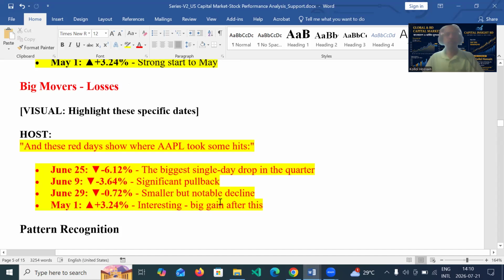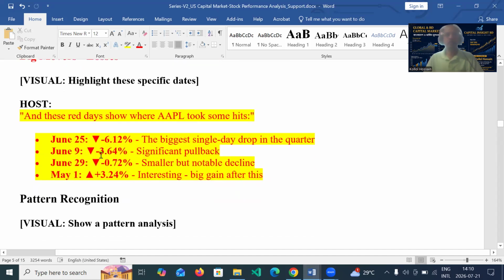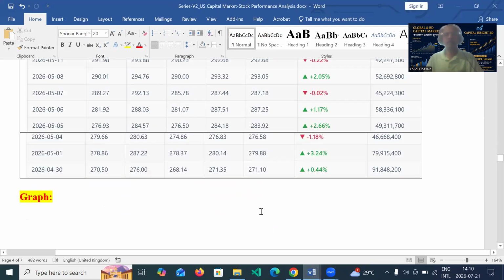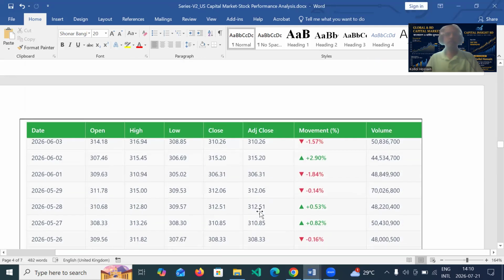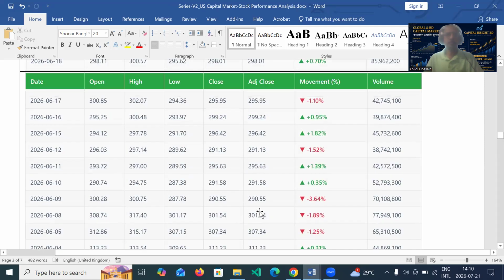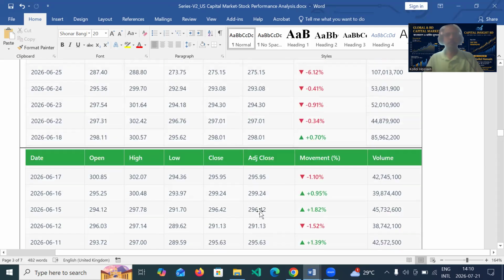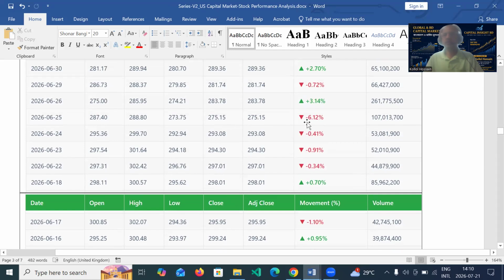So now big movers, losses. We can identify the days. It is June 25. If you see here, June 25, 6.12% down, big down that day. You can see here the trading volume also.